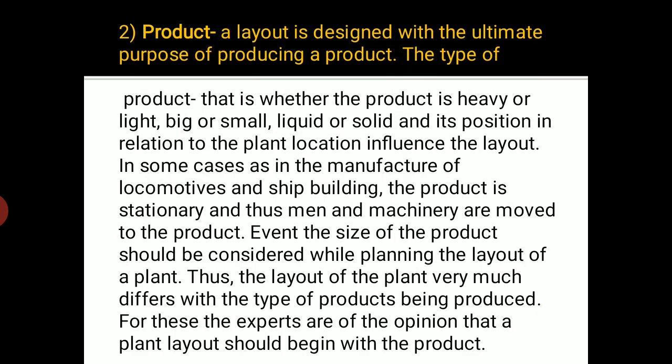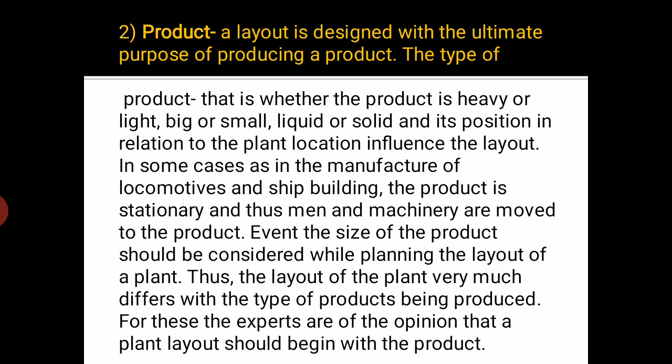Next comes product. Once the material is clear, number 2, product. What is product? A layout designed with the ultimate purpose of producing a product. The type of product, that is whether a product is heavy or light, big or small, liquid or solid, and its position in relation to the plant location influence the layout.